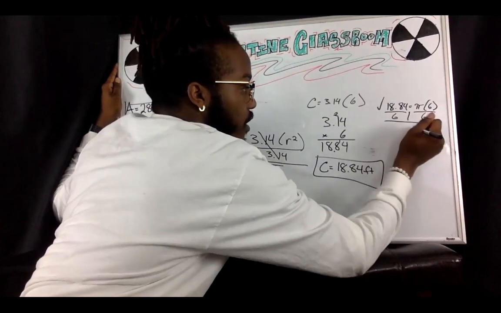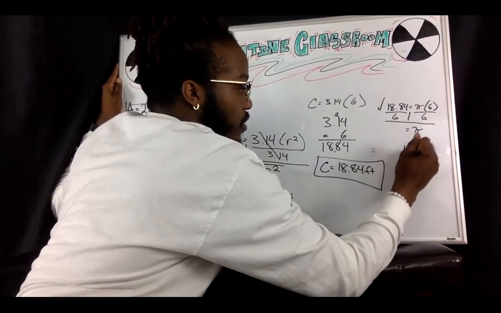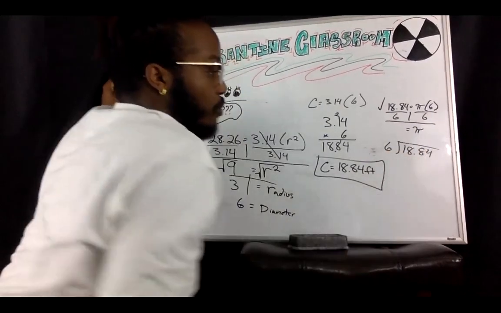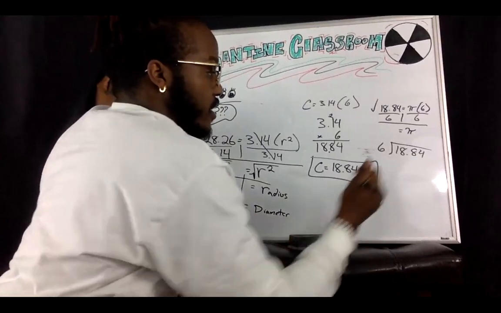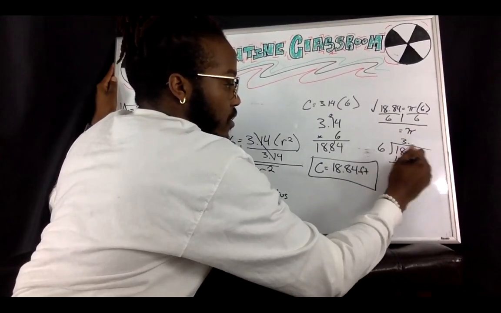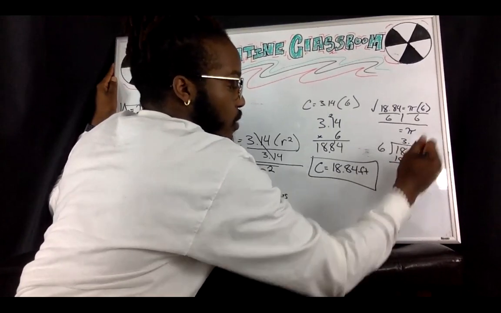And for the sake of doing this the right way, I'm actually going to show what that division looks like right here. 18.84 divided by 6. 6 goes into 18 3 times. Bring down my 8. 6 goes into 8 1 time.